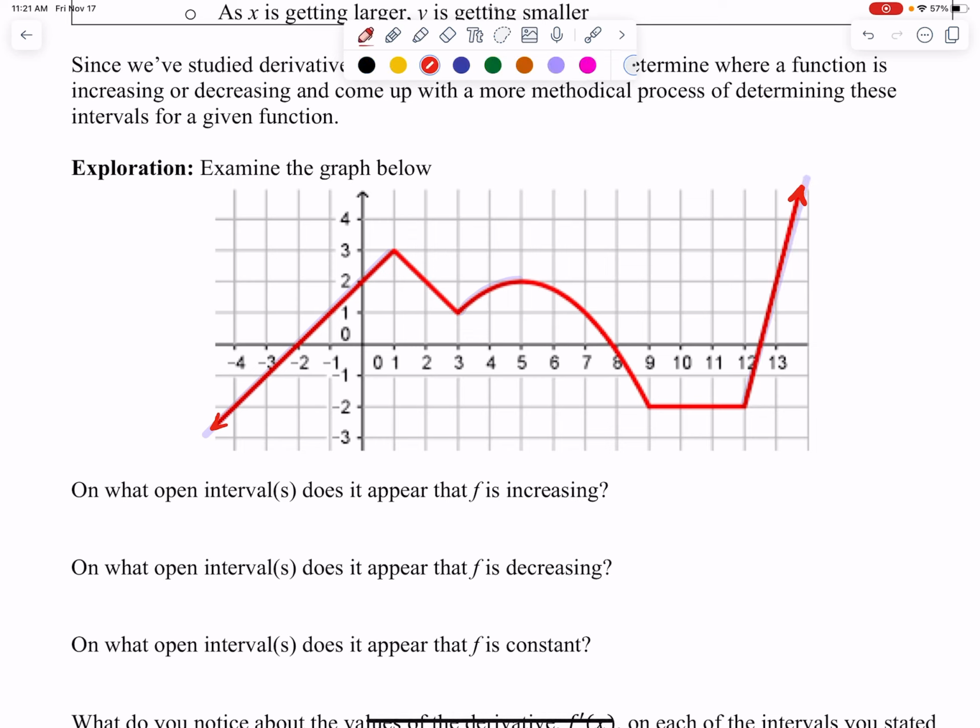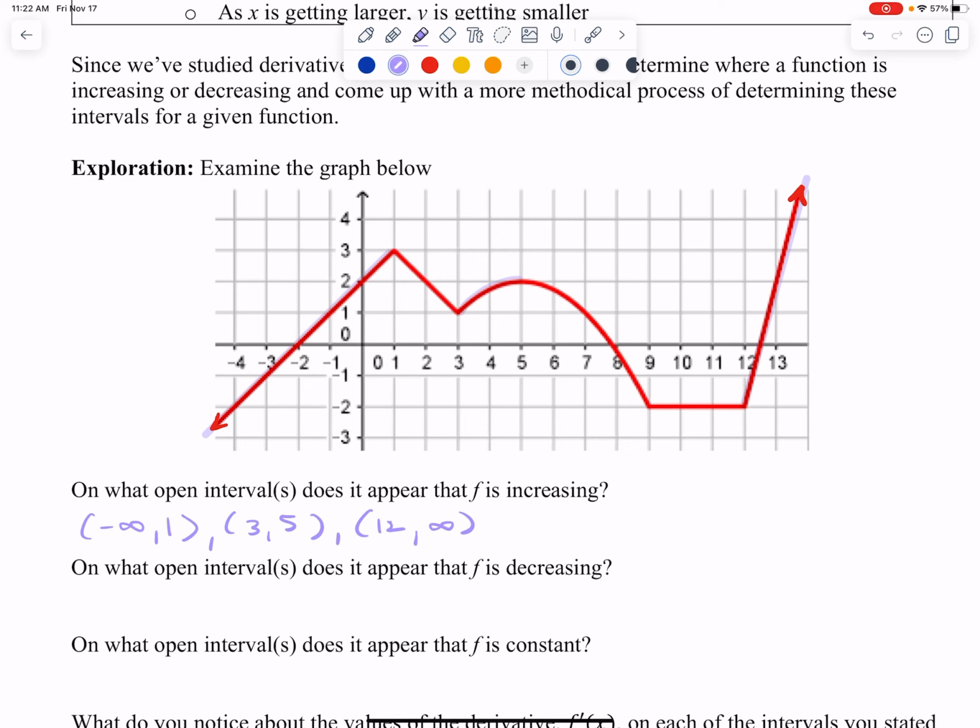So stating those intervals: negative infinity to 1, 3 to 5, and then 12 to infinity.